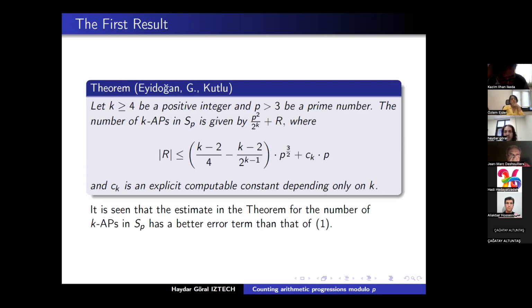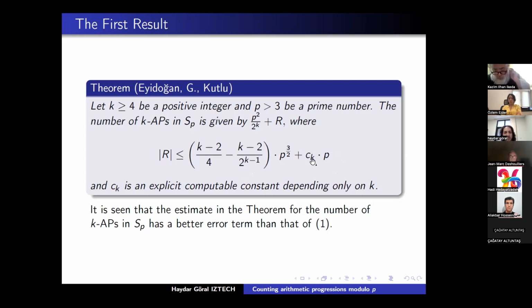Then if you want to count the k-term arithmetic progressions in squares, it is given by two things, of course. The main term, of course, cannot change. It is p squared over 2 to the k, but the error term this time is in absolute value smaller than (k minus 2 over 4 and some small number) times k minus 2 over 2 to the k minus 1 times p to the 3 halves, plus some big O of p.